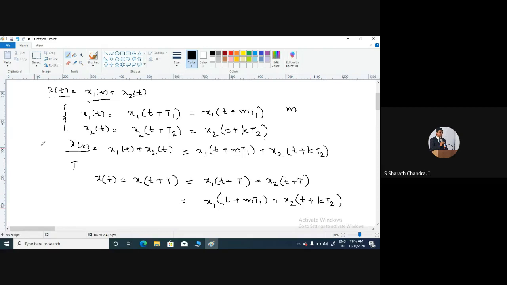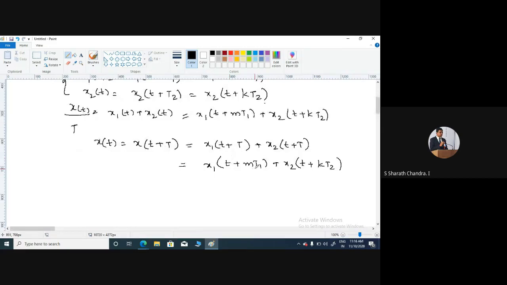From the knowledge of this expression, I can see that m times T1 or k times T2 is simply equal to capital T. Therefore, I can write T1 by T2 is equal to k by m.